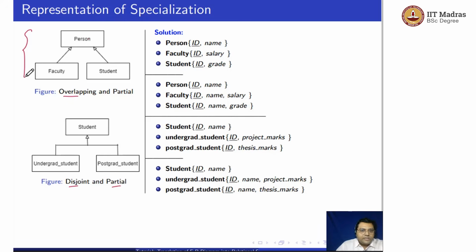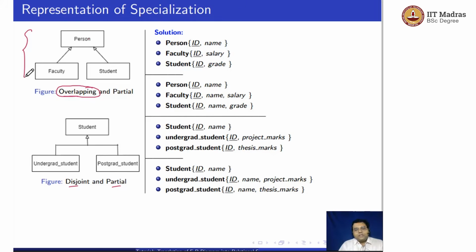So first, let us consider what we are saying about overlapping here. Right. So we are considering our person entities can be of faculty type or they can be of student type. But we are also considering some kind of entity in our university scenario. They are of TA kind of people, right?